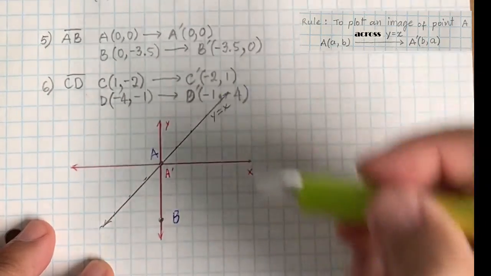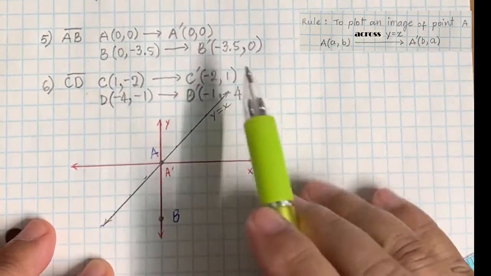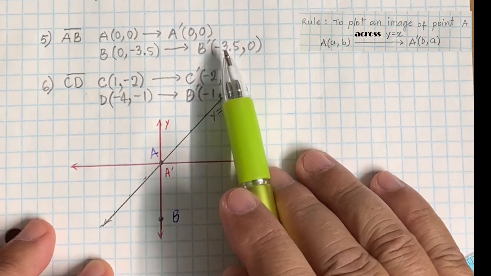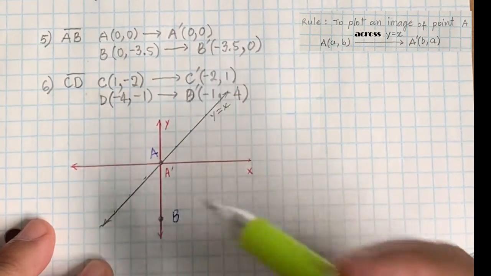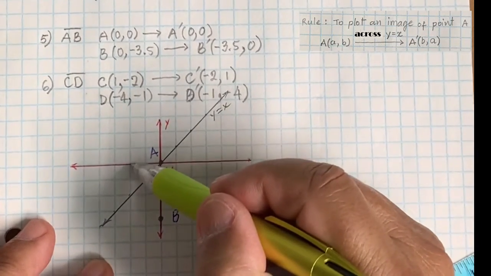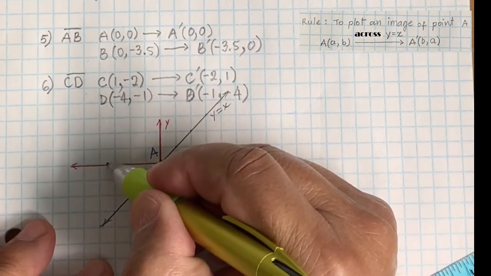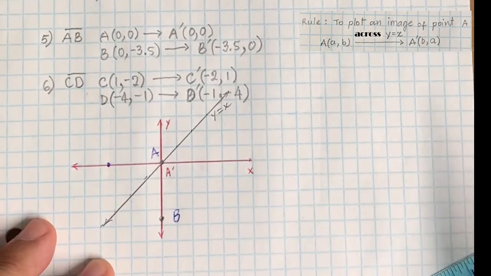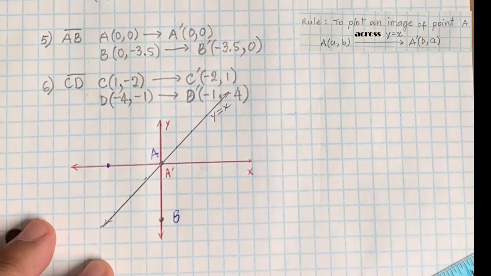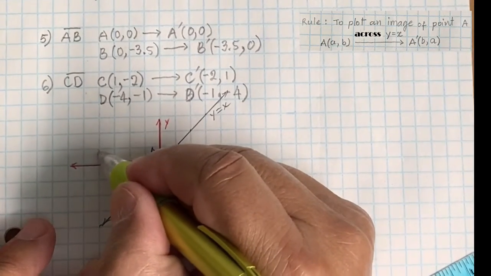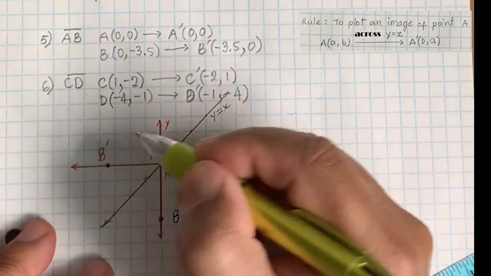But anyway, B prime will be (-3.5, 0). So 1, 2, 3 right here. That is our B prime.